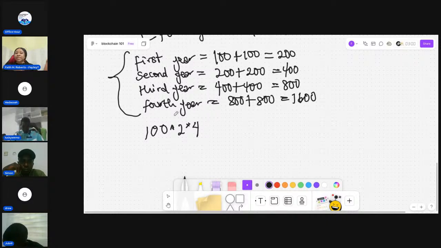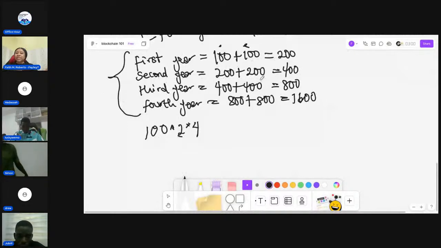And what happens is that it doubles every year. So it adds to itself twice. So this is 1, this is 2. If it adds to itself 3 times in every year, then you are raising it to the power of 3. Okay? If it adds to itself 4 times every year, you will be raising it to the power of 4.